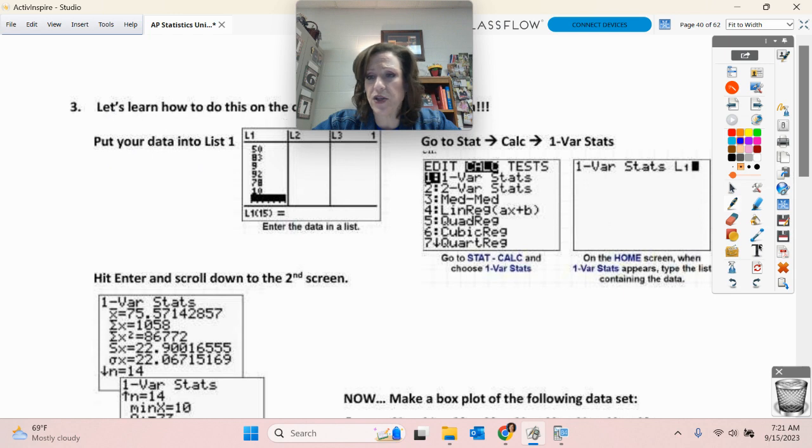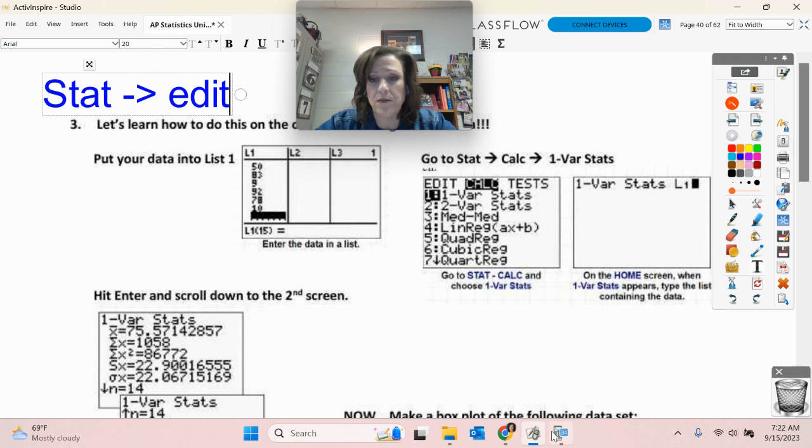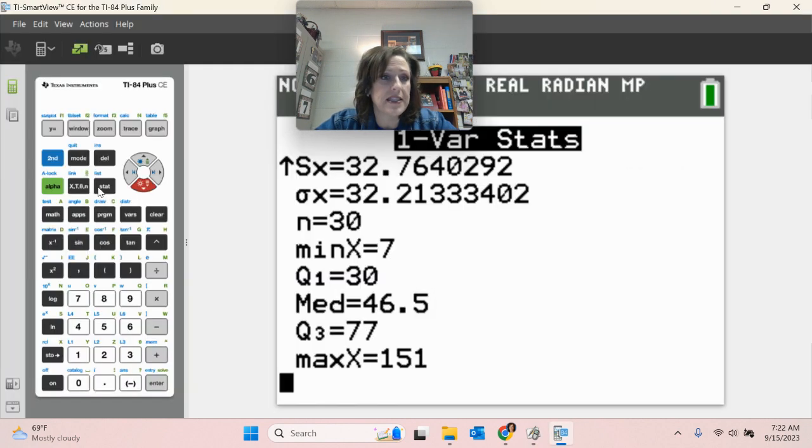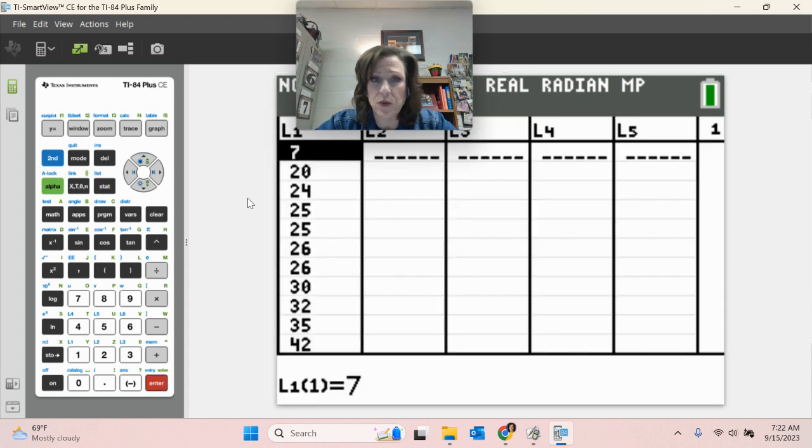The way that you put your data into L1 is you go stat and then edit. Stat, edit, and that then gives you L1. So when I hit stat, enter for edit, there's my list 1.